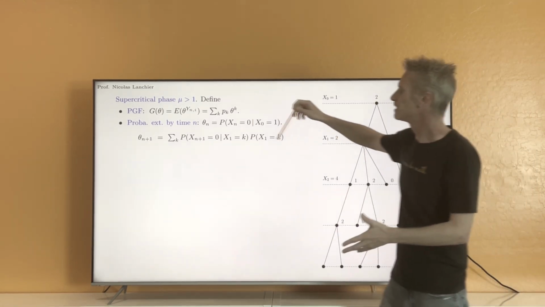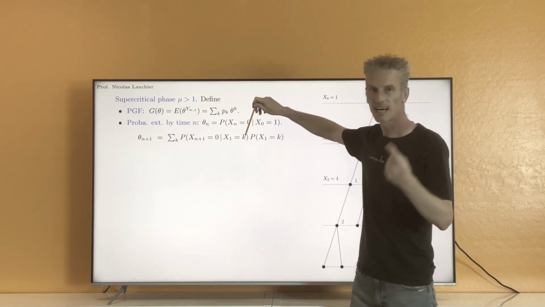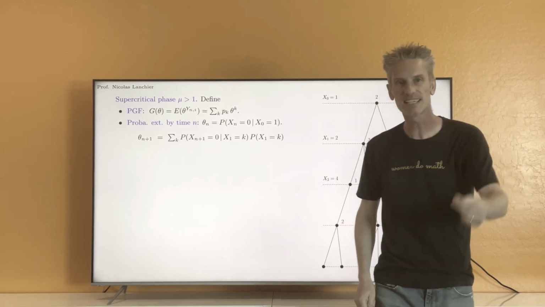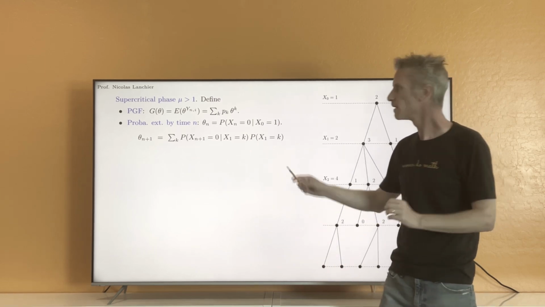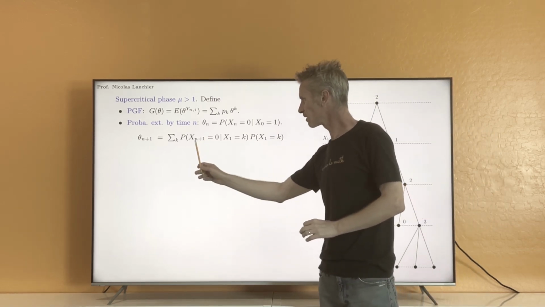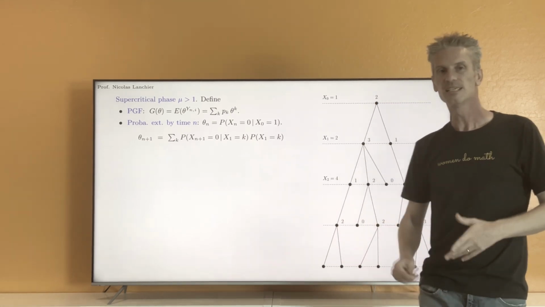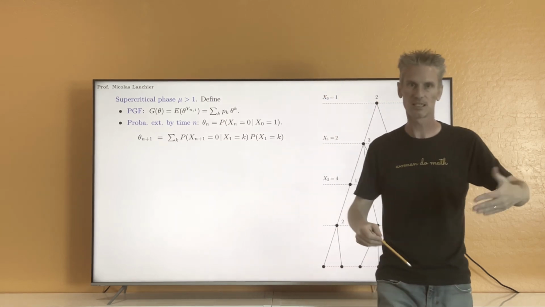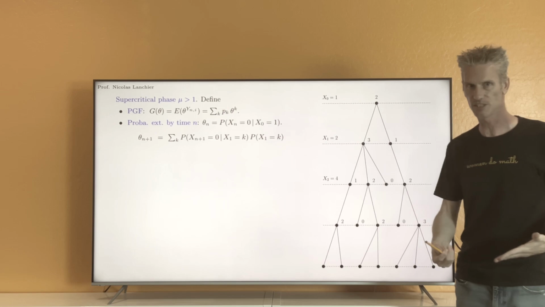So that means that the probability of going from k individuals at time 1 to 0 individuals at time n plus 1 is the same as going from k individuals at time 0 to 0 individuals at time n. So that's exactly like looking at n time steps of your Galton-Watson branching process.